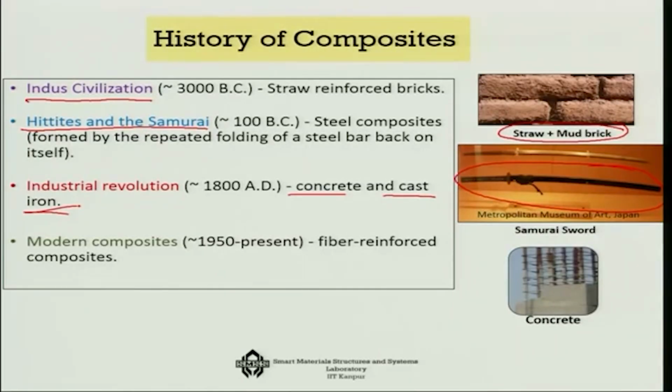On the other hand, the modern composites, which are fiber reinforced composites, are truly speaking the composites which have all the very good properties of a composite. For example, tailorability is one property that you may not find in concrete or cast iron, but you get a very high degree of tailorability in these modern fiber reinforced composites.